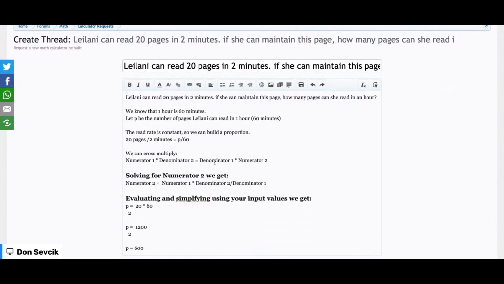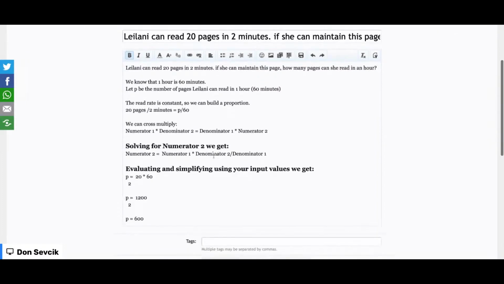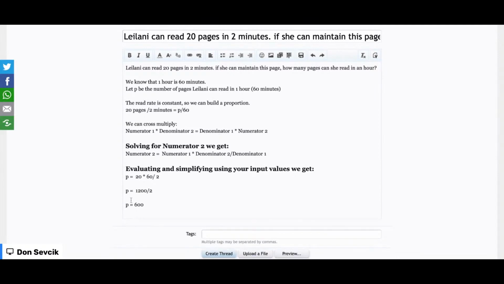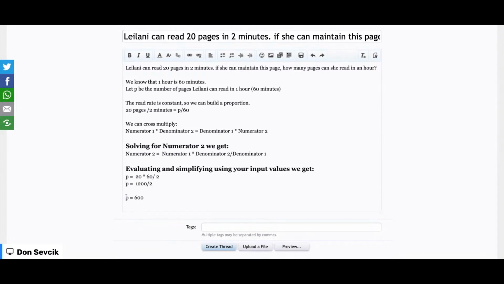We just start with this. We're solving for numerator 2, right? Because simplifying, is that even spelled right? No, I got to fix that. Okay. So we get P equals 20 times 60 divided by 2. P equals 1200 divided by 2, and P equals 600.